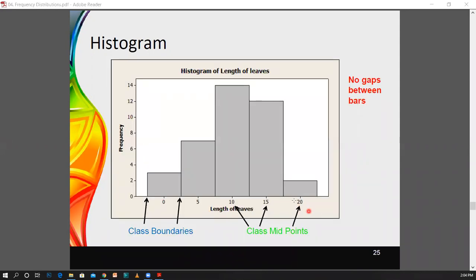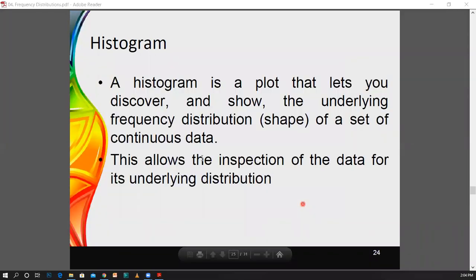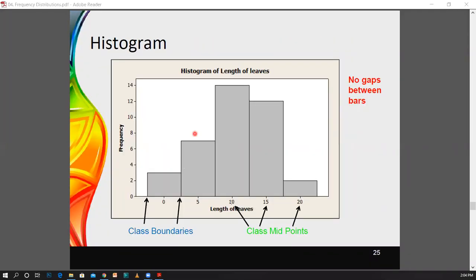This is one example I have taken. In this example, the class midpoints were 0, 5, 10, 15, and 20. It is not the same example I am using here, but it is another example of a histogram. According to that data set, I identified the class midpoints as 0, 5, 10, 15, and 20.